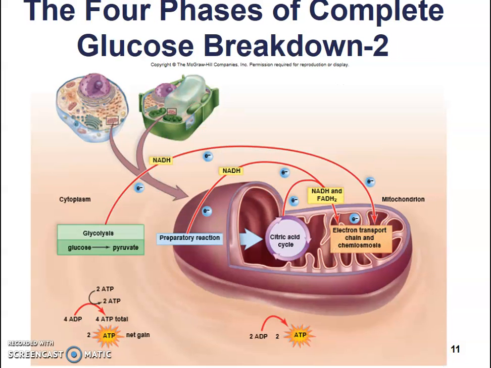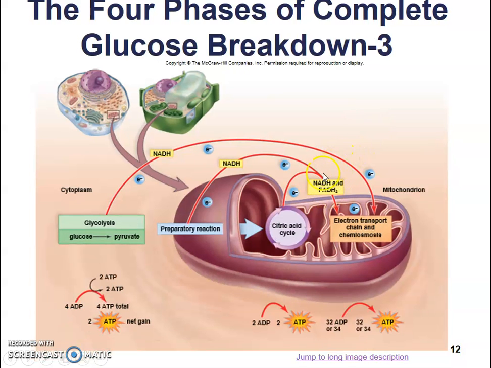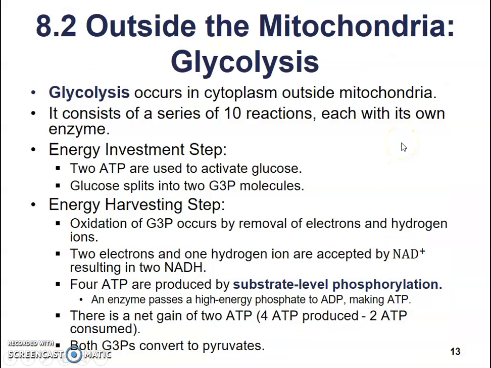Then we get the citric acid cycle, where we are further breaking down that pyruvate molecule and releasing carbon dioxide. And we're making even more NADH and FADH2s. And then finally, we take the energy from those intermediate molecules and we make a lot of ATP in the electron transport chain.